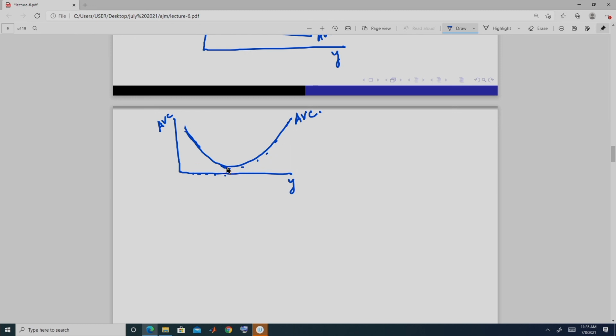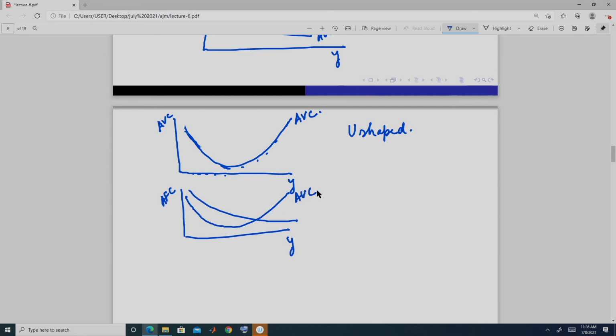So, if we have an average variable cost of this nature, that is U-shaped, and since the average fixed cost is always like this, and suppose our average variable cost is this, then the average cost is going to be of this nature.